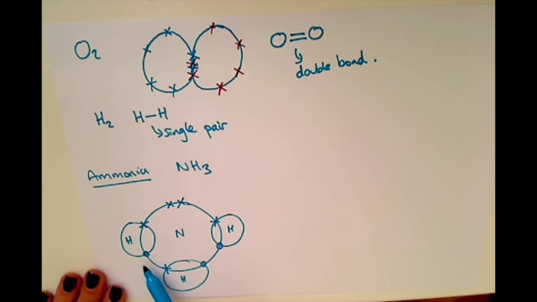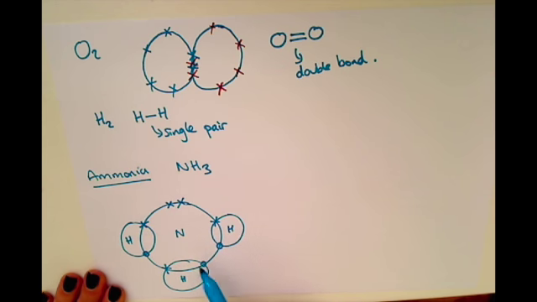So each hydrogen atom has one electron, but when bonded together, the nitrogen now has 1, 2, 3, 4, 5, 6, 7, 8 electrons and a complete outer shell, and the hydrogens now have 1, 2 electrons and a complete outer shell.